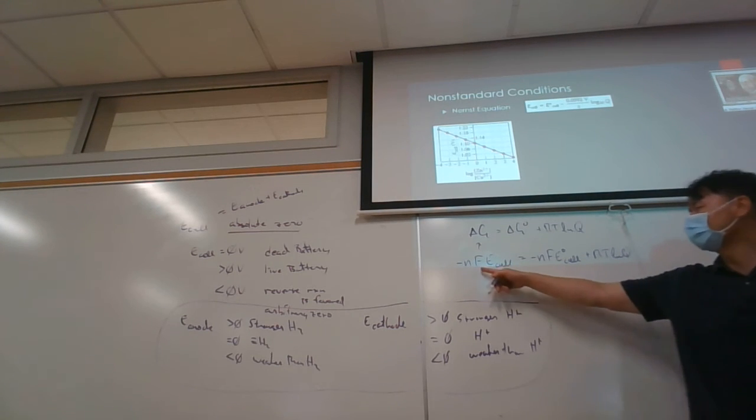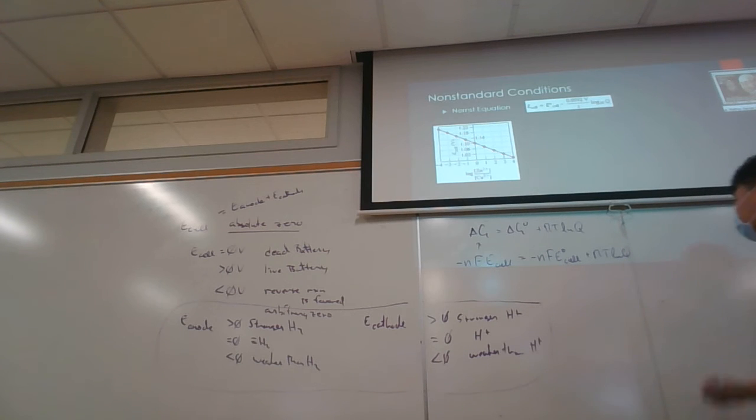Then we're going to divide both sides by negative NF. If we divide both sides by negative NF, then we get this equation. E of the cell is equal to E naught of the cell minus RT over NF ln of Q. Now, the next step is we're going to convert to log base 10 by multiplying by 2.303.